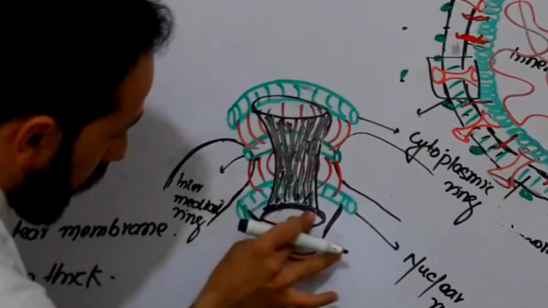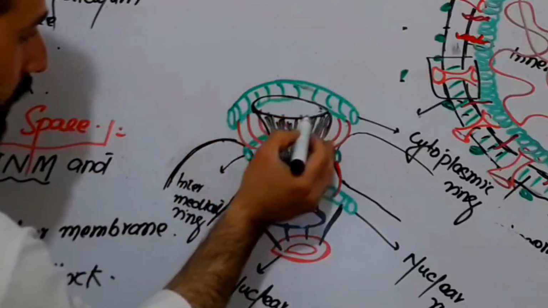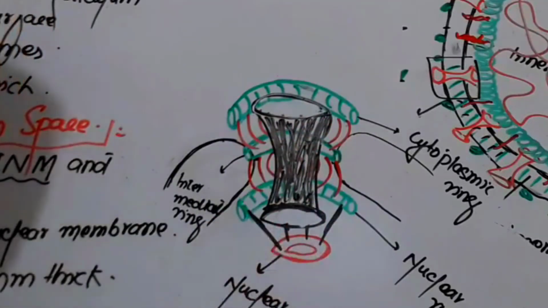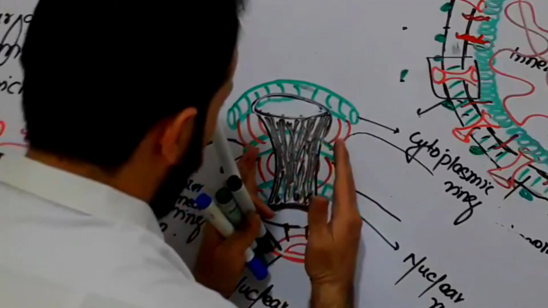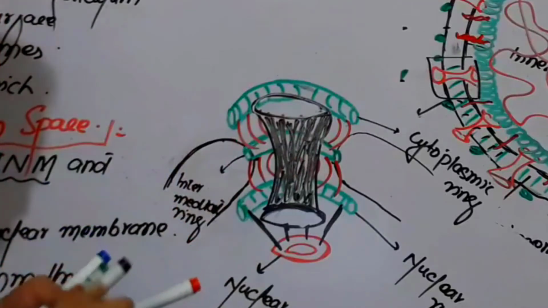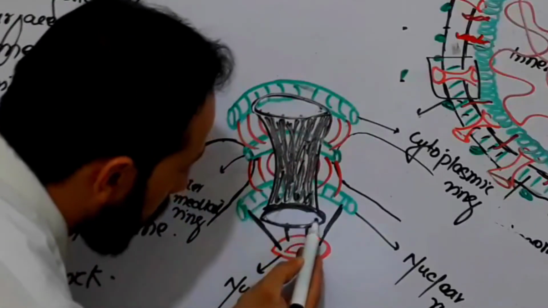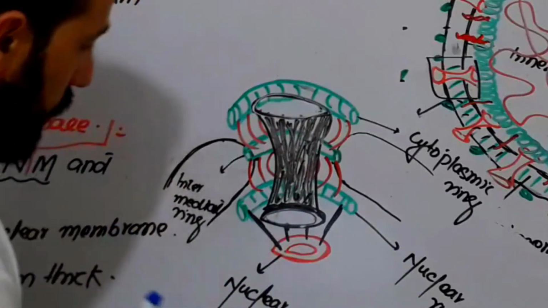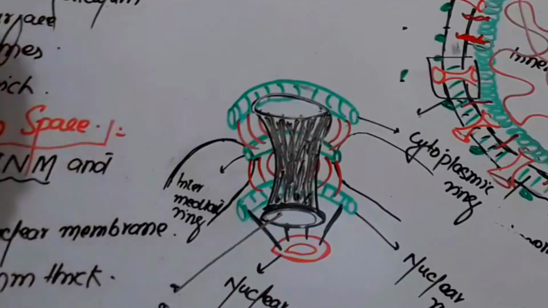Here you can see the central hole that it has for the transport of materials inside and outside. As I told you, this pore has a diameter of 800 angstrom, but the diameter of this central transporter ring is about 500 angstrom.